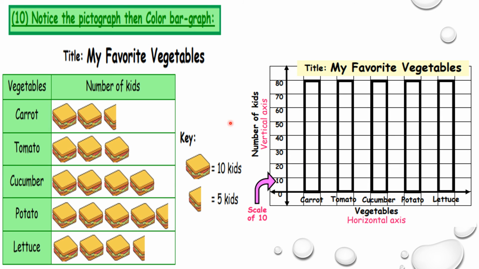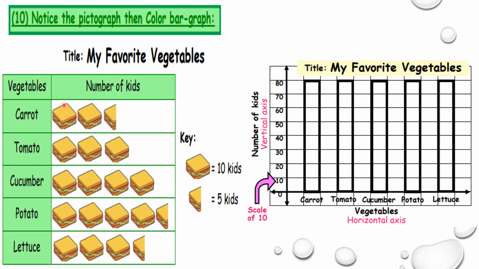The last one we have here is my favorite vegetables using pictographs. So I will look at my key to know which sandwich represents how many kids. One sandwich represents 10 kids and half of the sandwich represents 5 kids. So I will count here by 10.